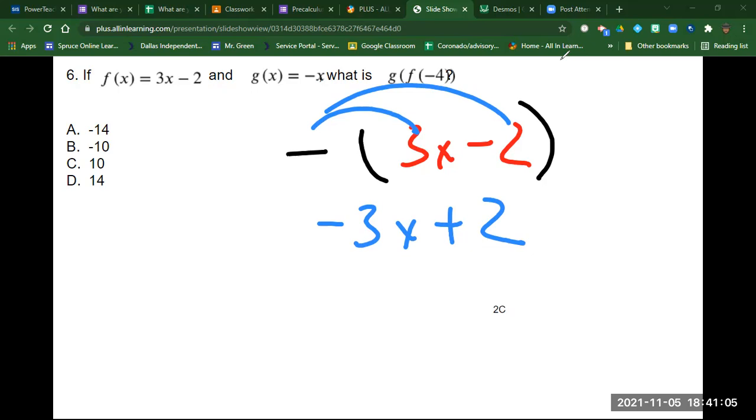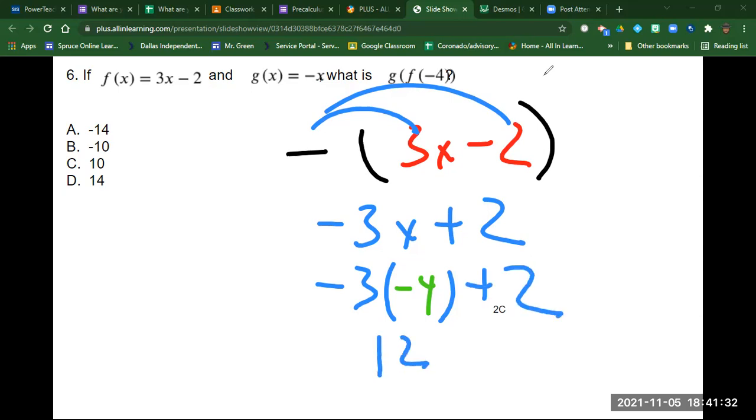And so now all I've got to do is substitute negative 4 in for x. So that's going to look like this: negative 3 times negative 4, so that goes plus 2.